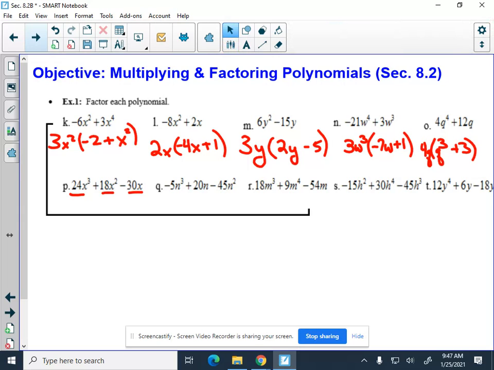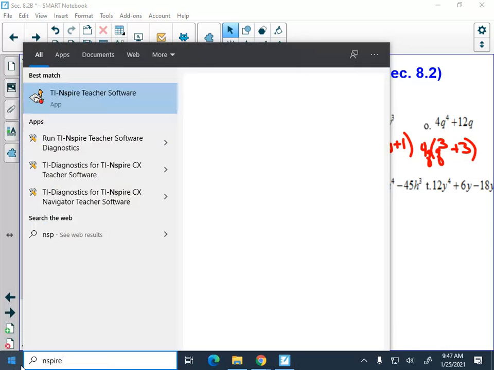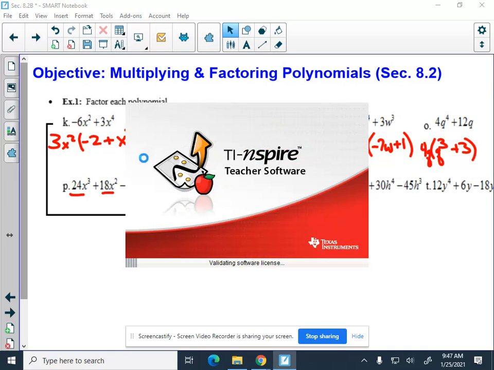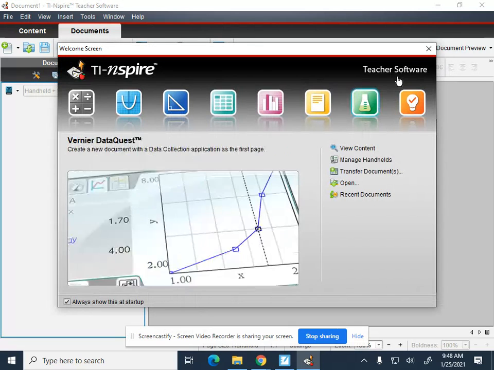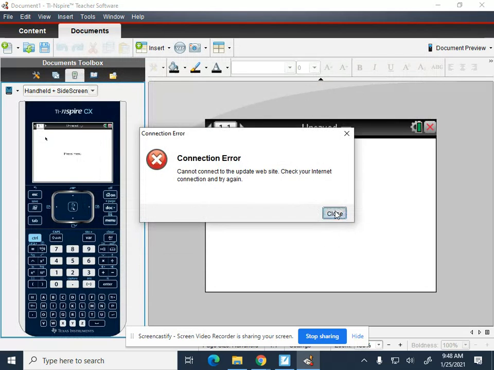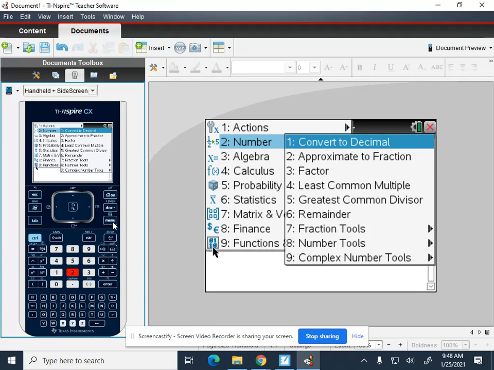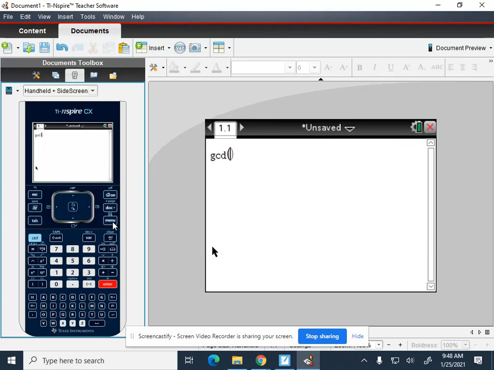I'm not sure if I remember how, but if you have one of our calculators, menu number, I don't think it's going to be greatest common divisor.